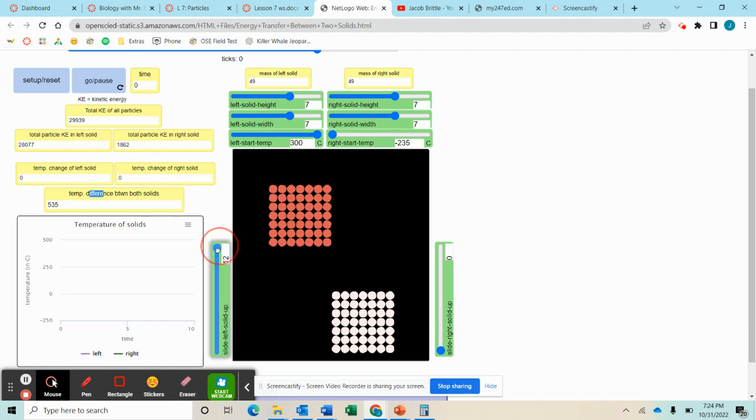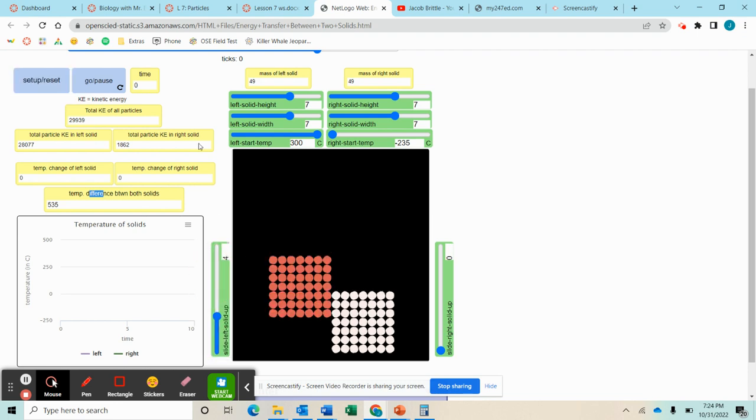So let's say I move that solid down. I have to reset it for my changes to go into effect. And we run the simulation. And right there. So this is what we talk about when we say the temperatures are reaching equilibrium. Where do they even out at? Where is it so that the temperature is no longer changing because it's changed all it's needed to?